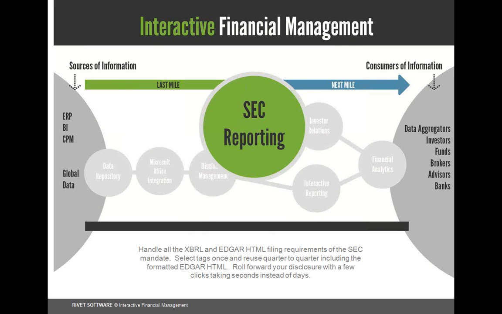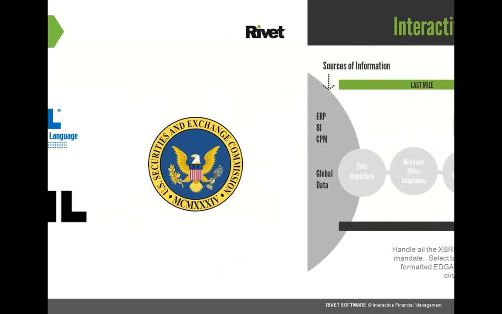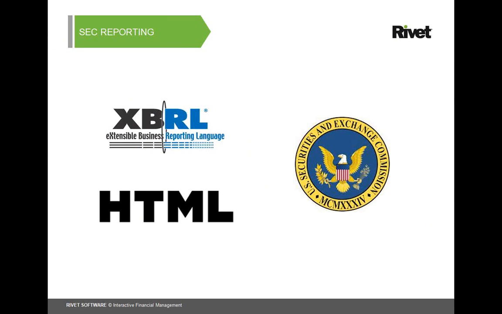Now let's talk for a few moments about the actual SEC reporting process, which many of you are familiar with. Public companies are required to submit XBRL and Edgarized HTML filings for their 10Qs and their 10Ks.